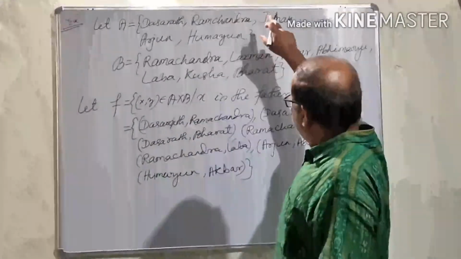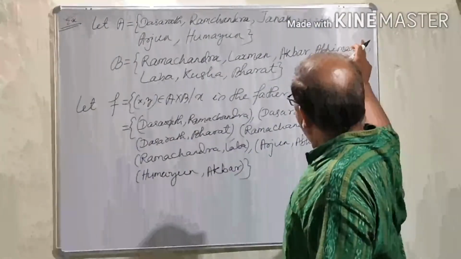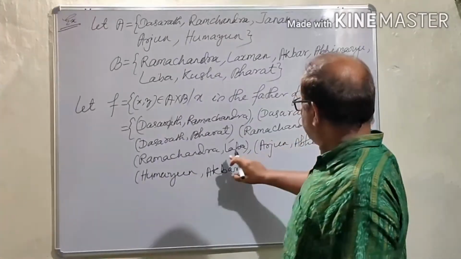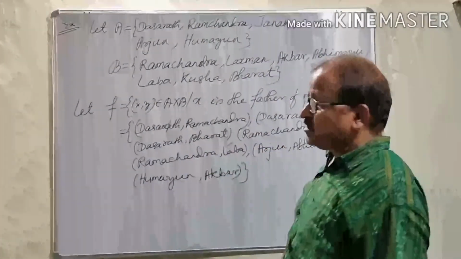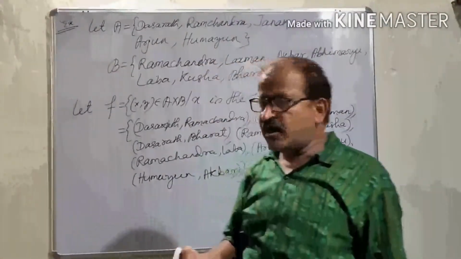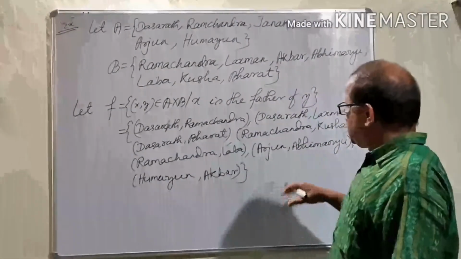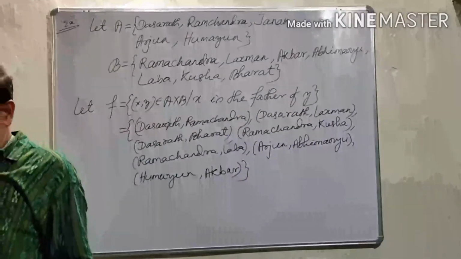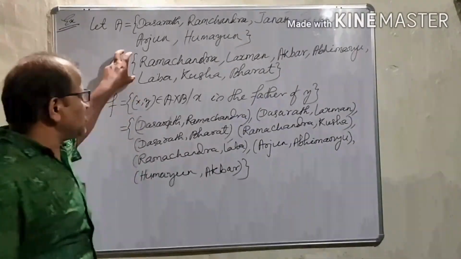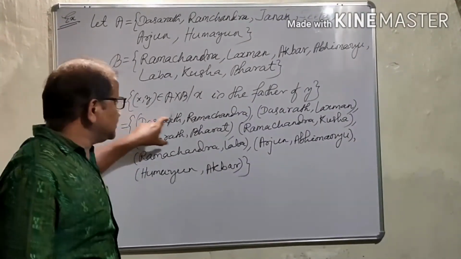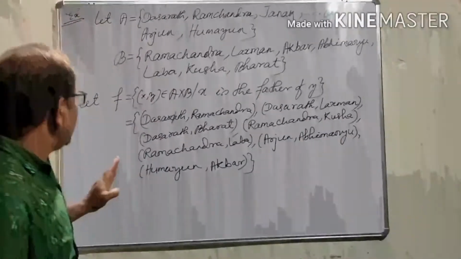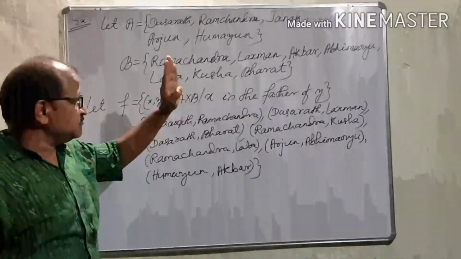Dasarath is the father of Ram, Lakshman and Bharat. Similarly, Ramachandra is the father of Lava and Kusa. So we have got an example where one element of A is related to more than one element of B. It is an example of a one-many relation.